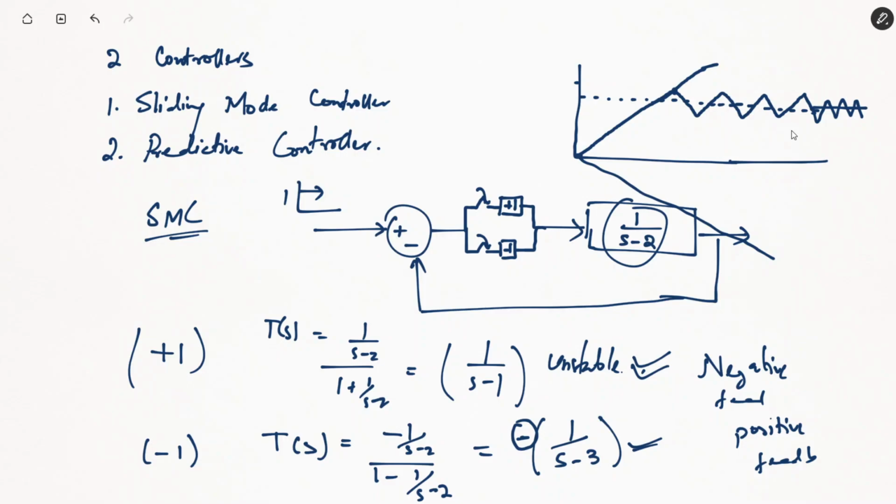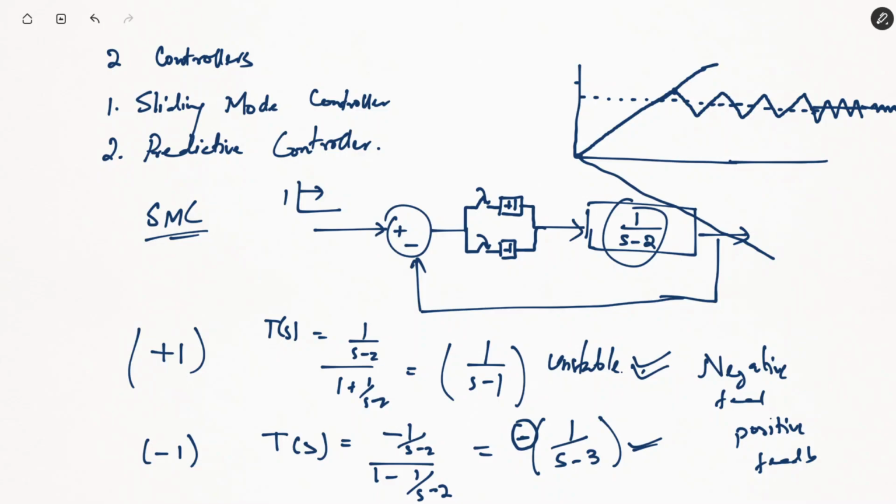If this switching is done at an even quicker pace, say for example we make it switch like this, the quicker the switching between positive feedback and negative feedback, the better will be the accuracy of this system, and it will start tracking this steady state value.